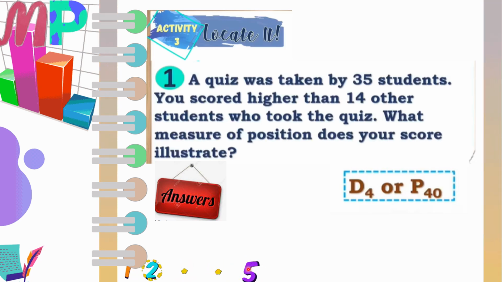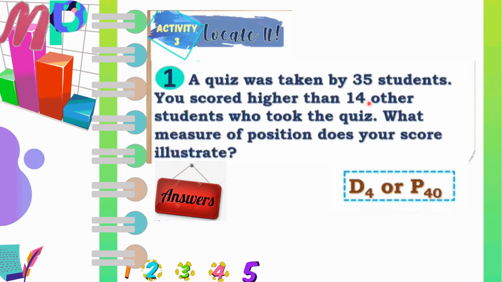In order to find the measure of position corresponding to this score, when speaking of measures of position, we simply compare our score to the other scores of the 35 students.